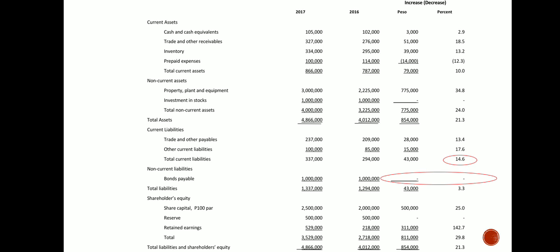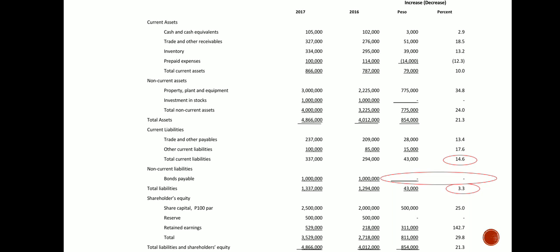So there's no increase nor decrease when it comes to the long-term or non-current liabilities. So this change brought a slight increase in total claims by 3.3%.